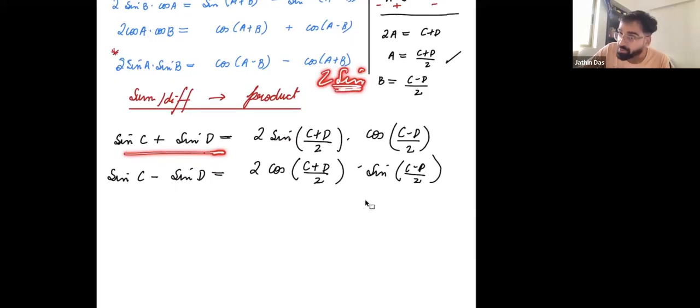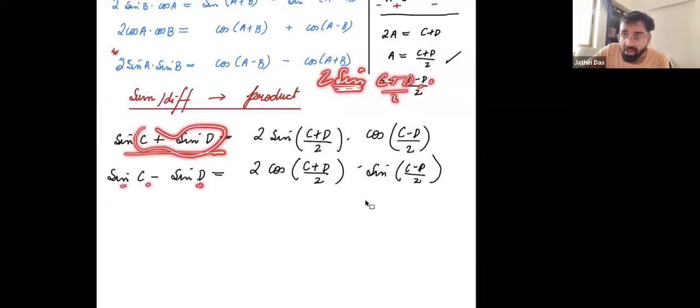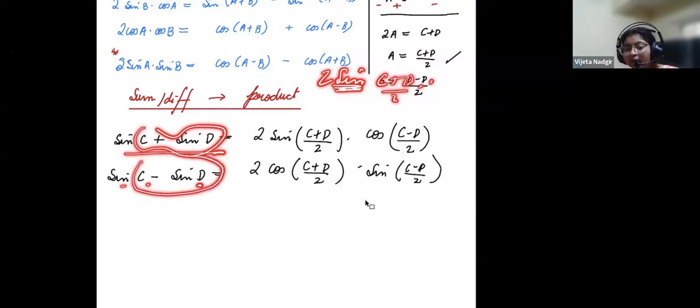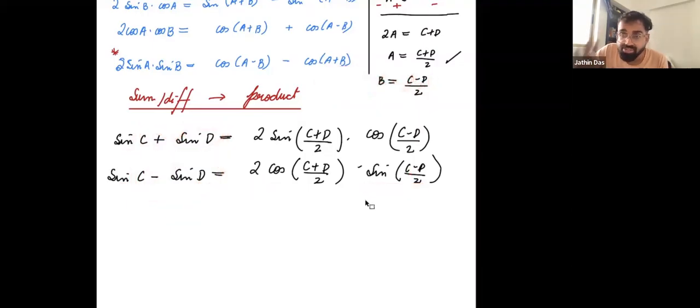I will always write sine first. Then c plus d by 2 I'll keep. And obviously cos should be the negative. Here, sine c minus d comes, so 2 sine c minus d by 2. I'll write this first, and then cos will be the positive. Just change the sign. That's all.